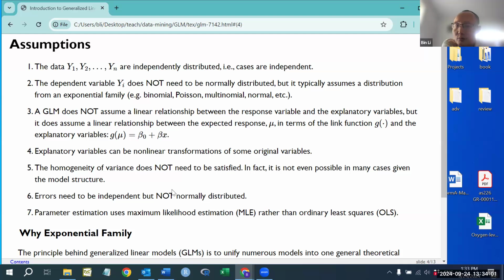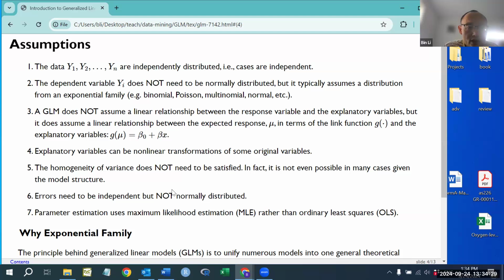It typically assumes y follows an exponential family. The exponential family includes the normal distribution as a special case, but it also includes several other distributions like binomial and Poisson.